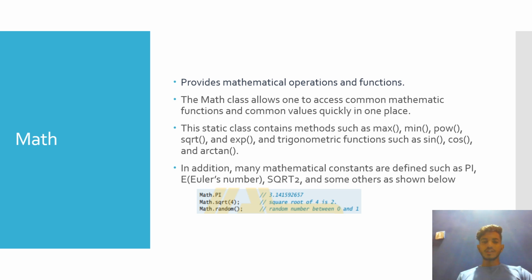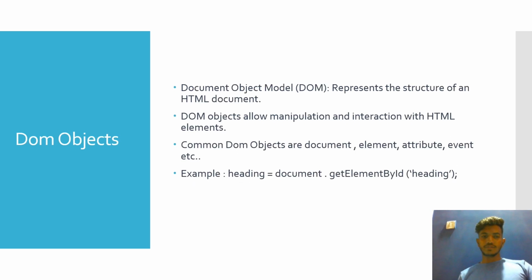These are the common things we use in mathematics. In addition, mathematical constants are provided, such as pi and Euler's number, as shown below. Math.PI gives the value 3.141, and Math.sqrt of 4 is 2. So these are some functions and examples of the Math object.